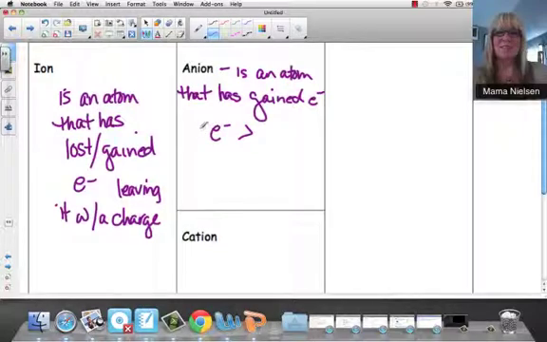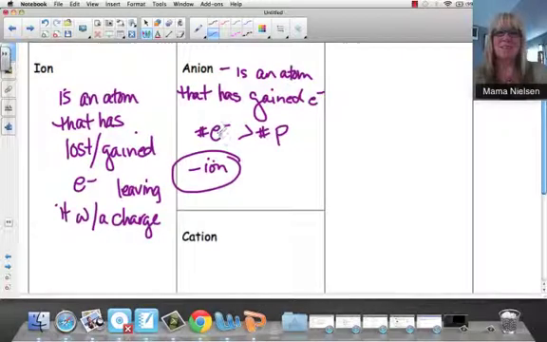So your number of E is greater than your number of P. So this is going to form a negative ion because you have more negative charges than positive charges.